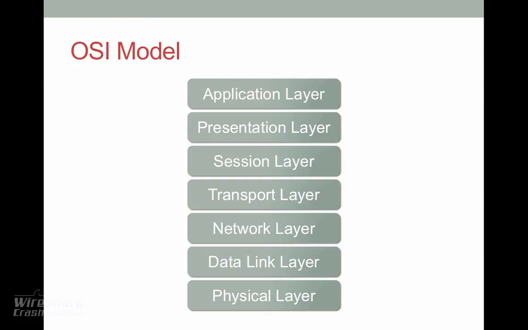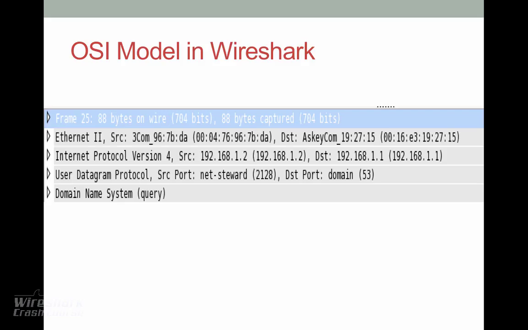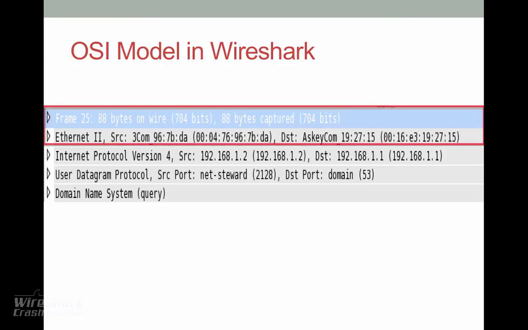Now, why is that important? Since Wireshark is a protocol analyzer, it can actually read and decipher the information from layer 1 to layer 7. As you can see by this screenshot, this is a packet detail pane of a DNS query. And Wireshark segments the detail pane by the OSI layers.